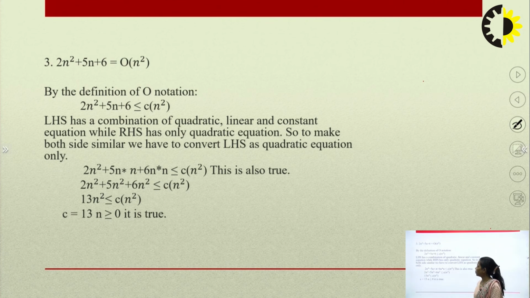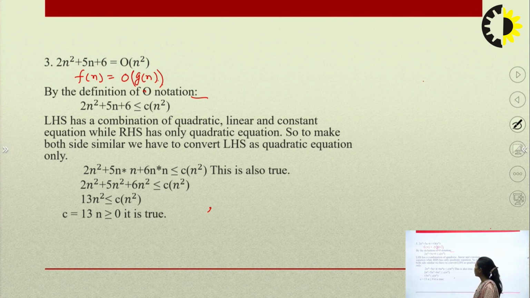Similarly, as we have done the last two questions, this question can also be solved with the same steps. We compare this equation as f(n) is equal to big O of g(n), and by the definition of big O, we can write this inequality: 2n square plus 5n plus 6 is less than or equal to C of n square.